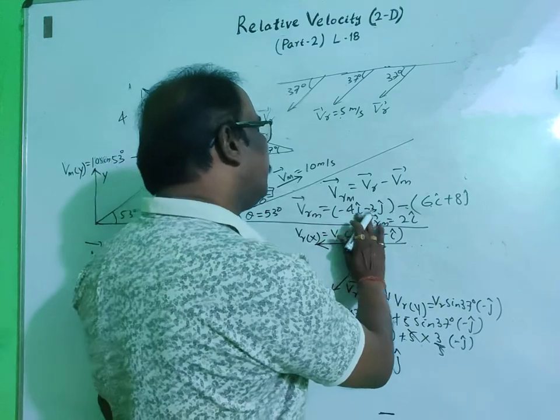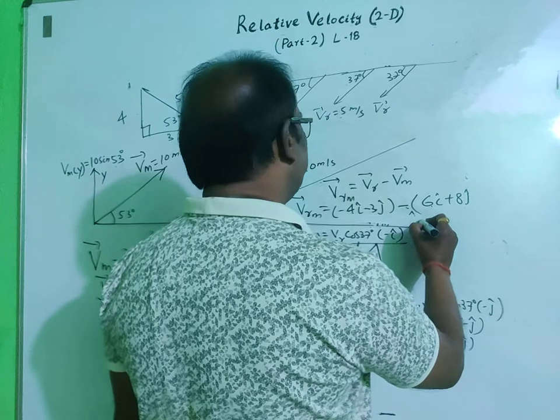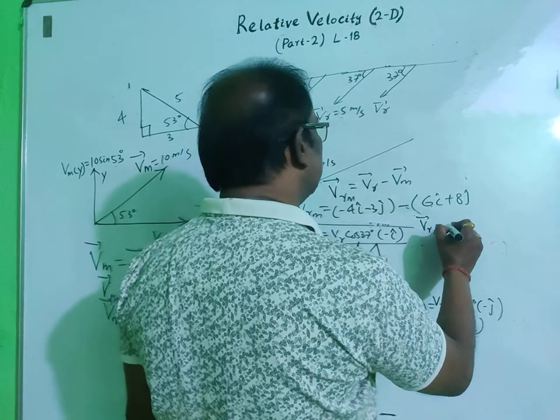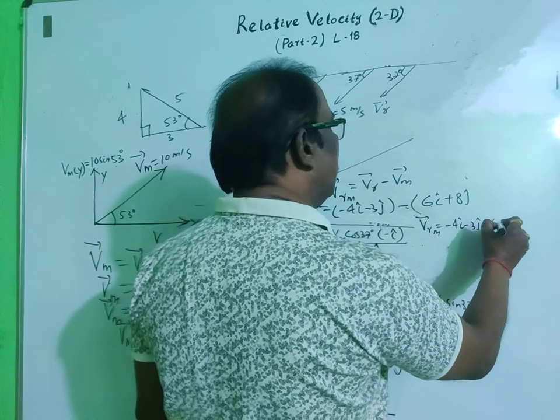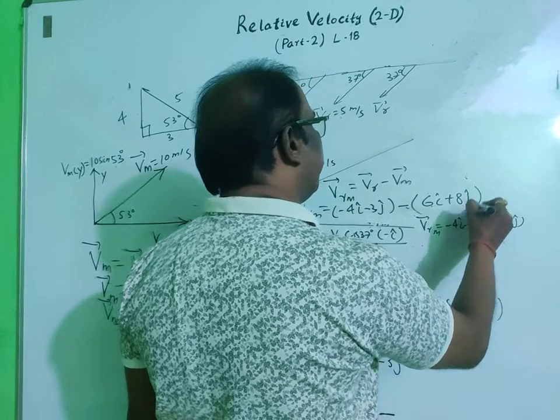Or you may open it: Vrm is equal to minus 4 i cap minus 3 j cap minus 6 i cap minus 8 j cap.